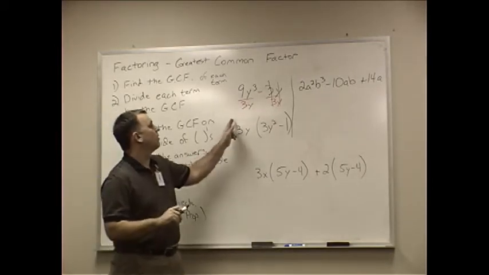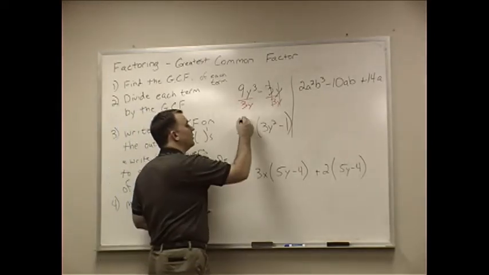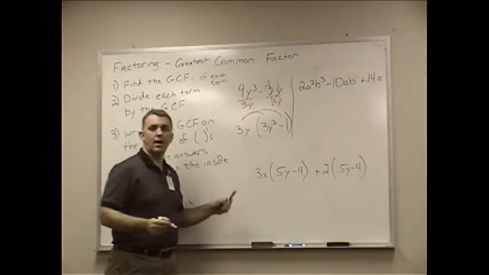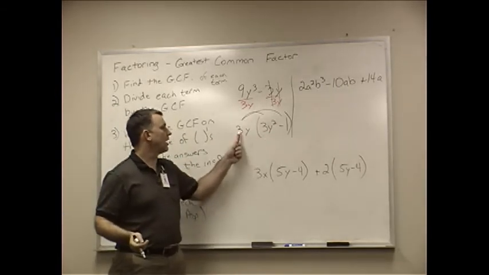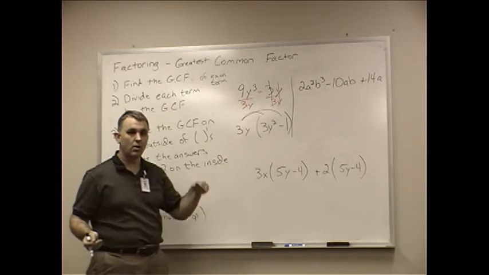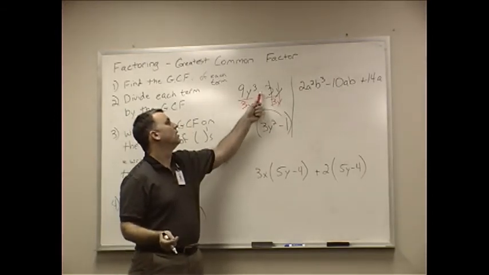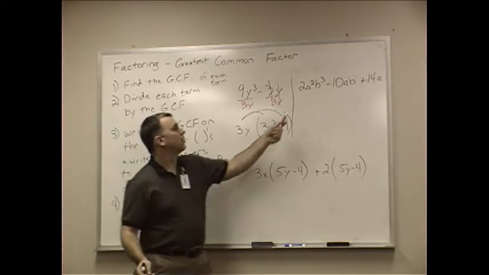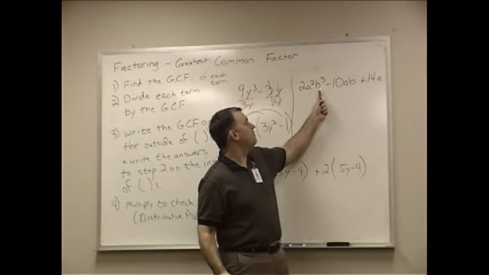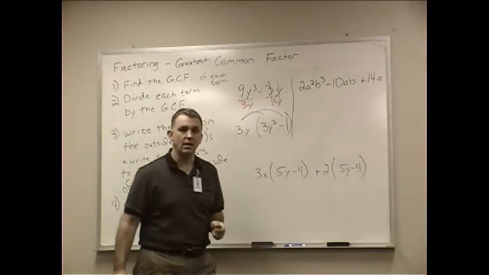Now if I just re-multiply it back to check it, just to make sure that everything worked well: 3y times 3y to the second, that's 9y to the third. 3y times negative 1 is negative 3y. So we're looking good. The second problem, 2ab to the third minus 10ab plus 14a.